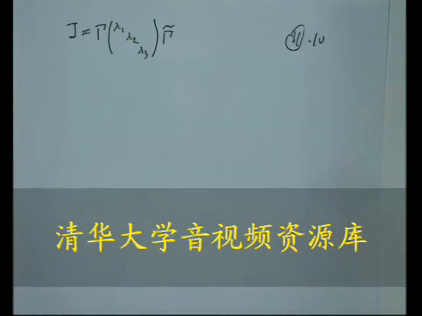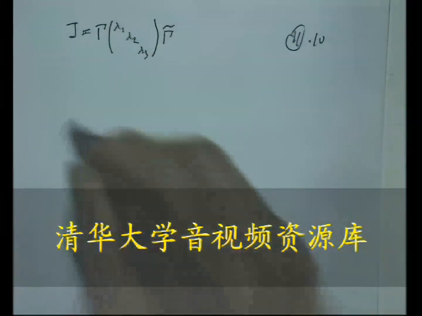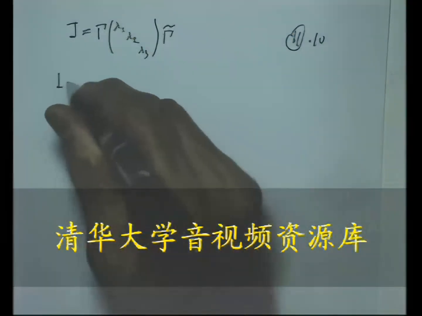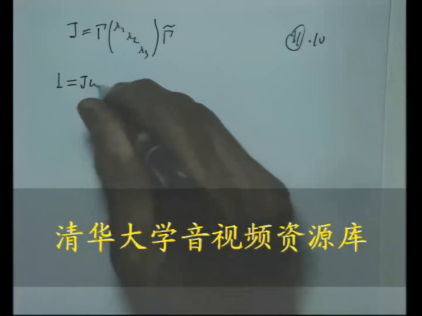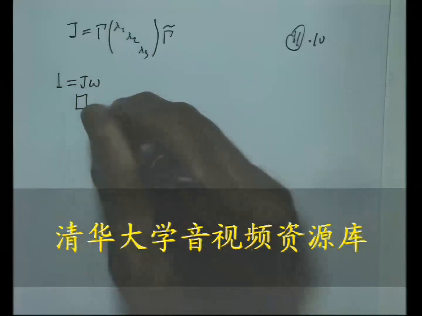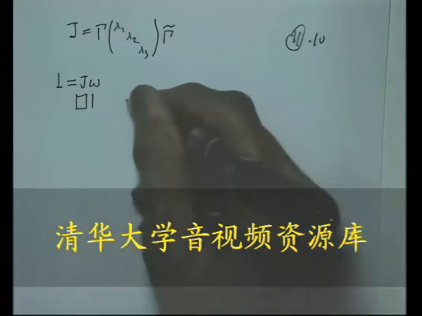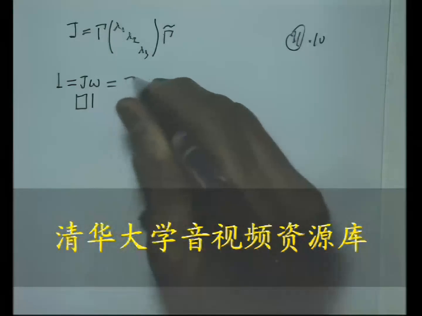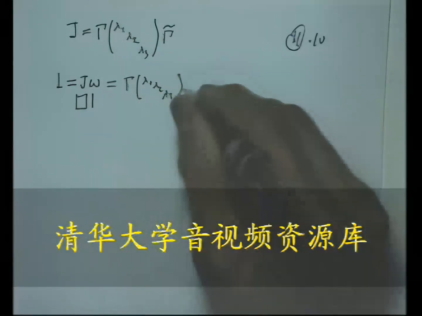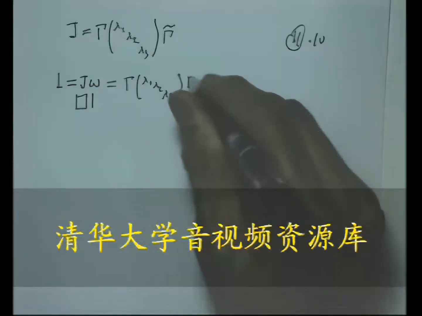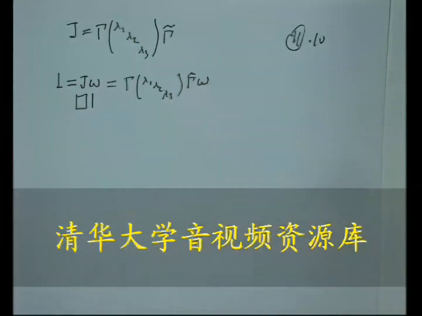I just move the gamma and the gamma tilde onto the other side. Therefore, L is equal to J omega. J is a square 3 by 3 matrix, omega is a column. And this is equal to gamma, lambda 1, lambda 2, lambda 3, gamma tilde, omega.